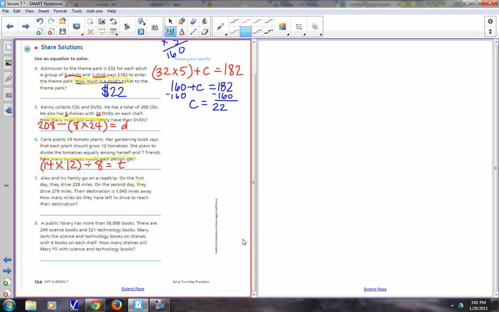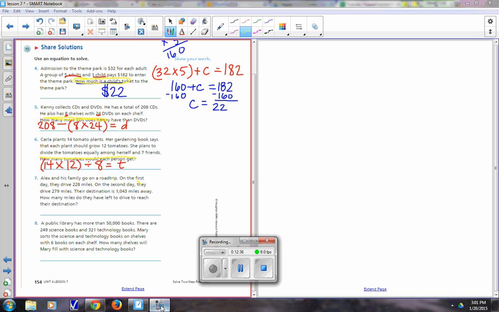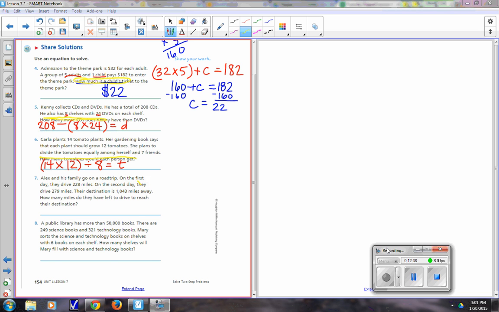On number 8, we have a public library has more than 50,000 books. There are 249 science books and 321 technology books. Mary sorts the science and technology books on shelves with 6 books on each shelf. How many shelves will Mary fill with science and technology books?